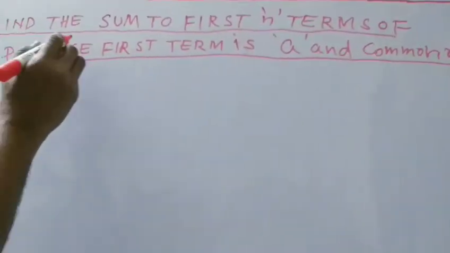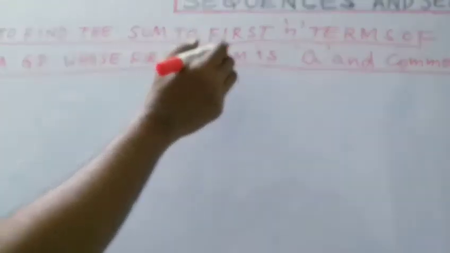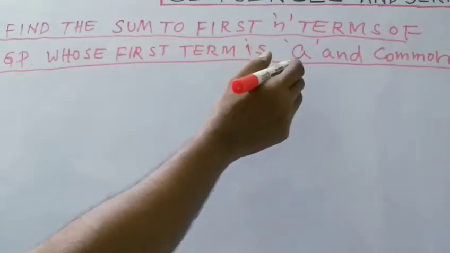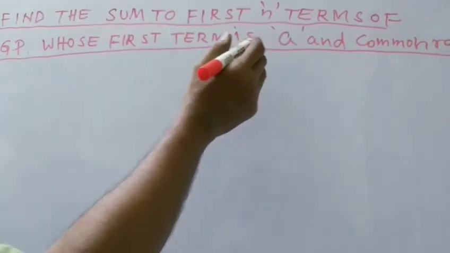To find the sum to first n terms of a geometric progression whose first term is a and common ratio is r.